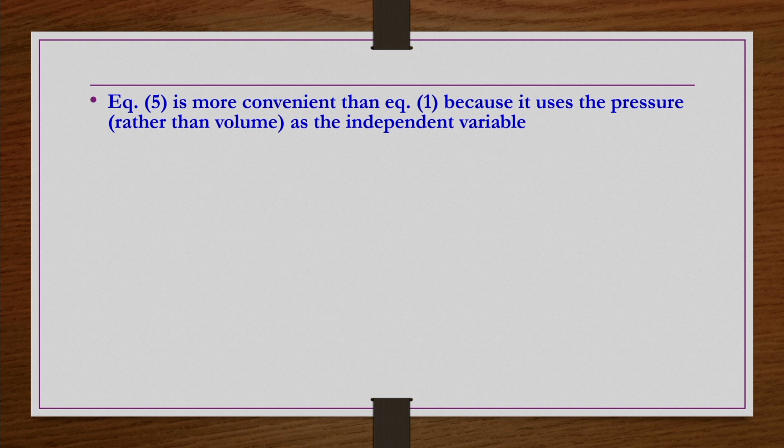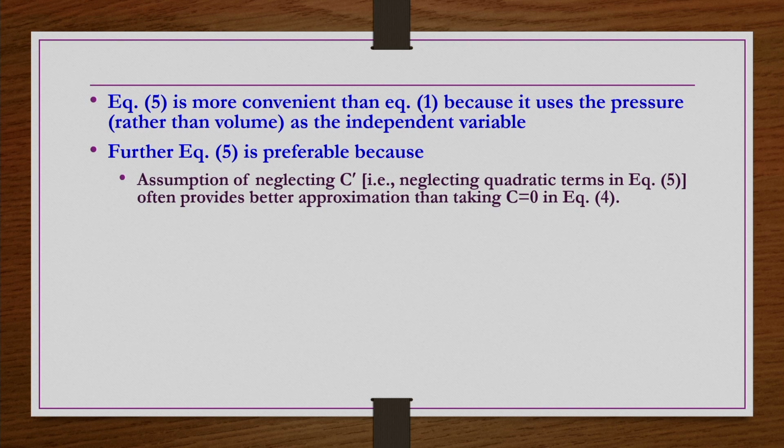Because in this equation we have pressure as the independent variable, which is generally much more convenient to use for any equation of state, right. Further, it is also preferable because in the virial equation, if you neglect C prime, then it provides a better approximation to the fugacities than neglecting C equals 0 in the virial coefficients, right, because that induces more error.